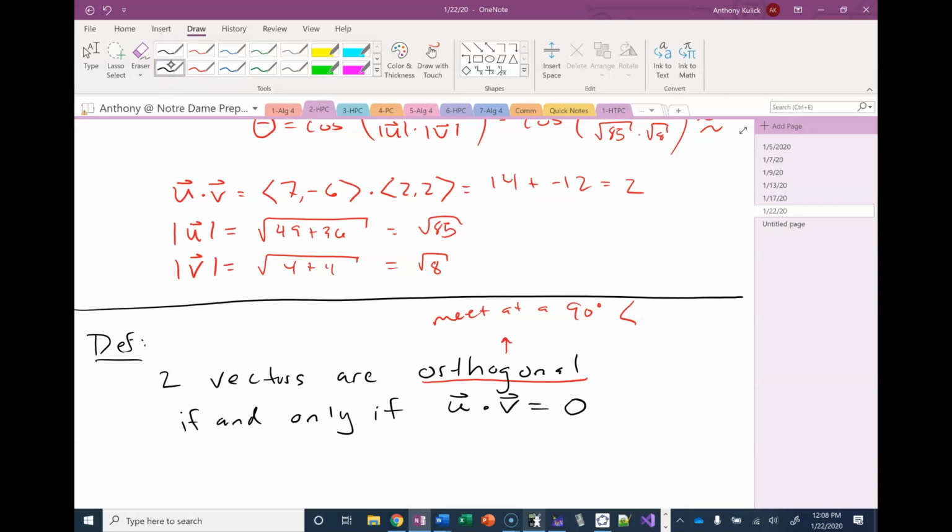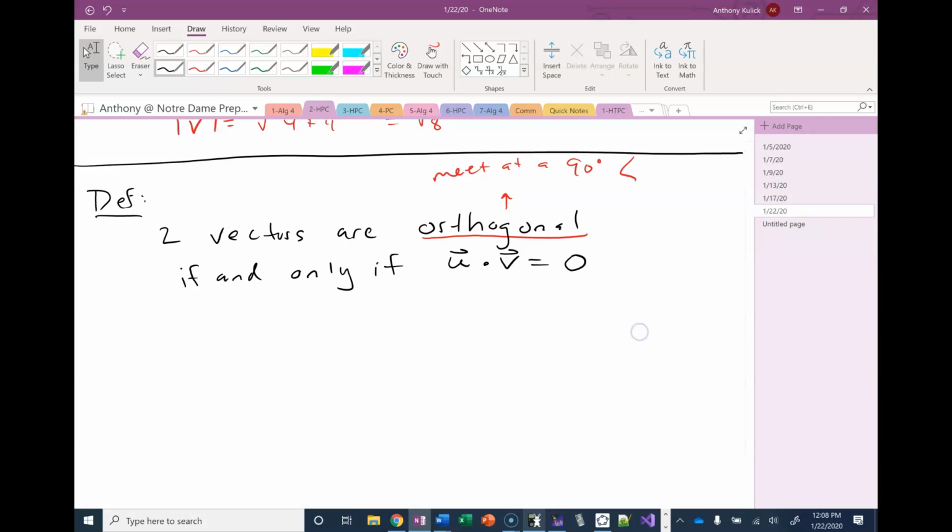So we say that two vectors are orthogonal if and only if their dot product is 0. When we say orthogonal, what we mean is that they are meeting at a 90-degree angle.